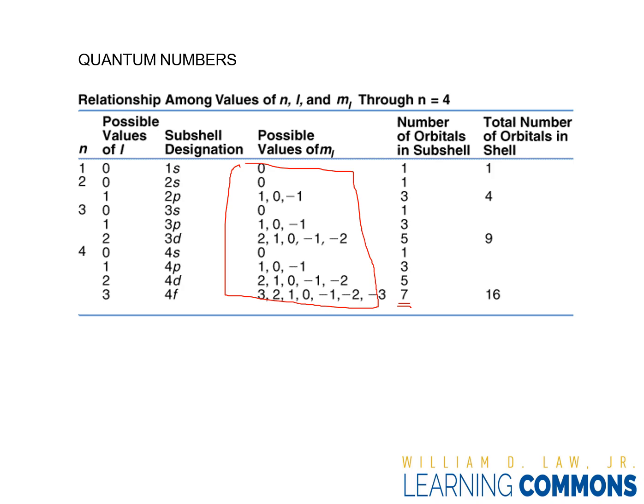And the total number of electrons, sorry, the total number of the subshell is 16, and this one here also, and the total number of orbitals in the shell, this one.